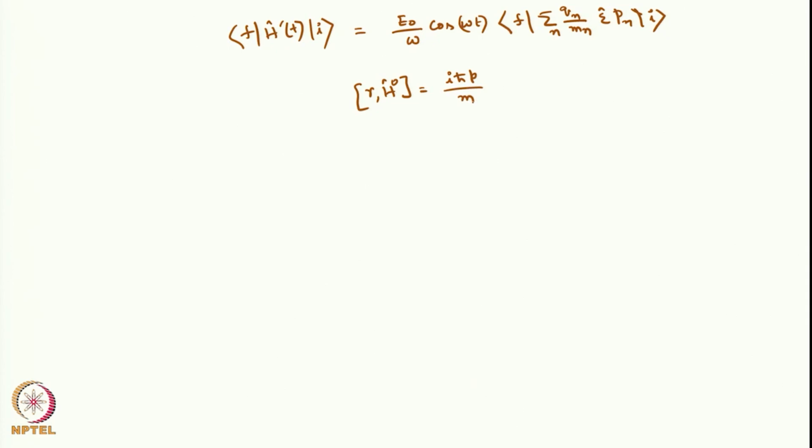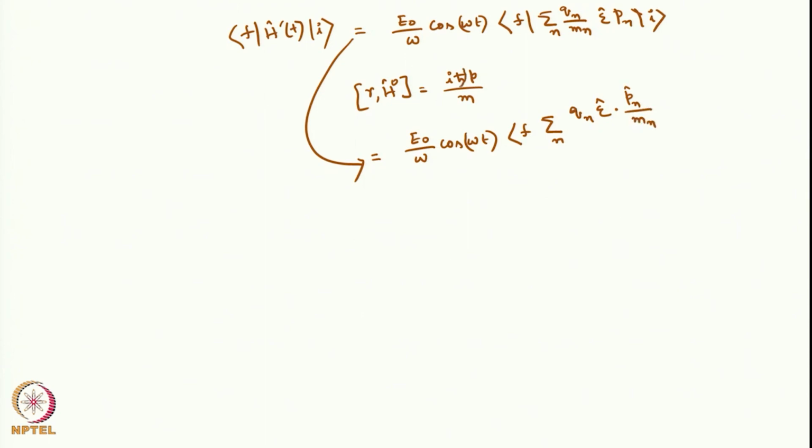Okay. Now, what I am going to do is plug this in here. So, this will now be equal to E naught by omega cos omega t, f sigma over n q n, into p n by m n. Okay.